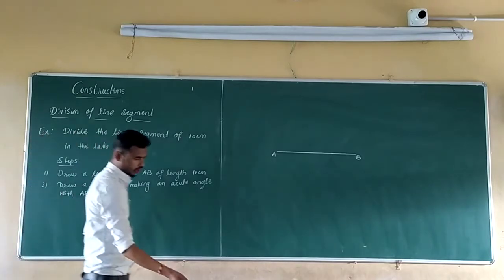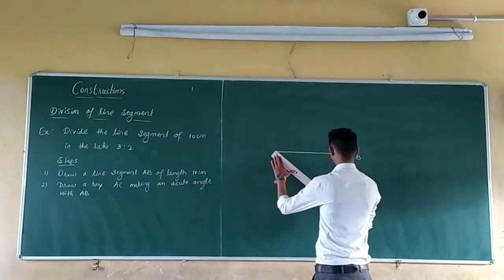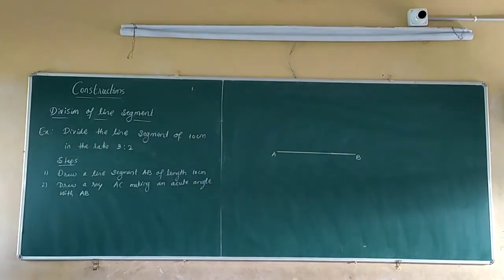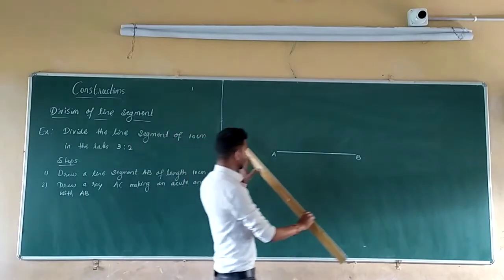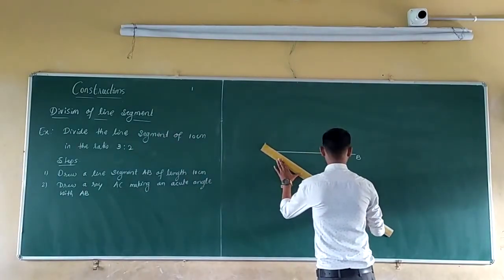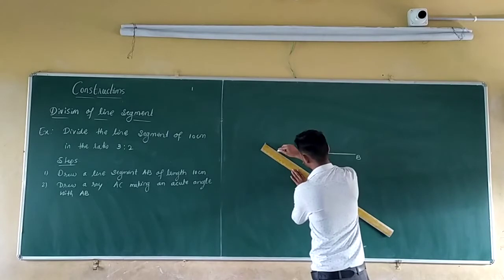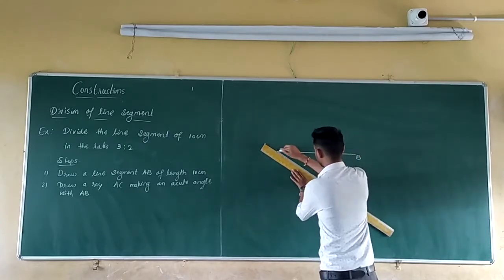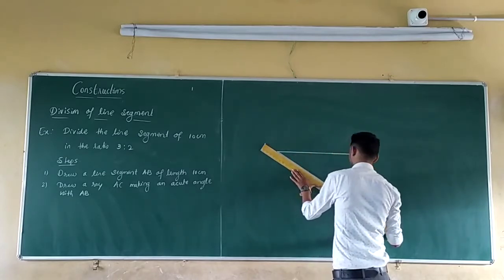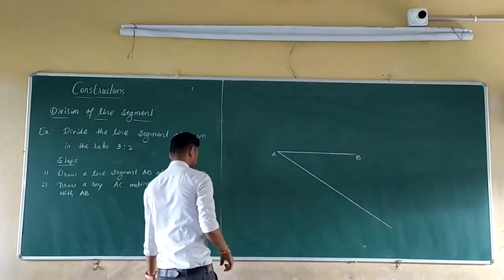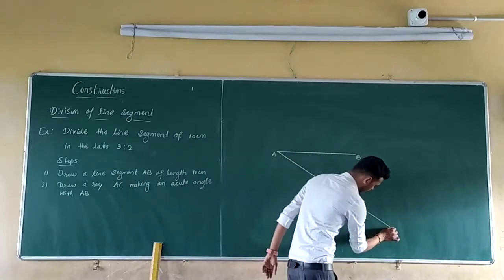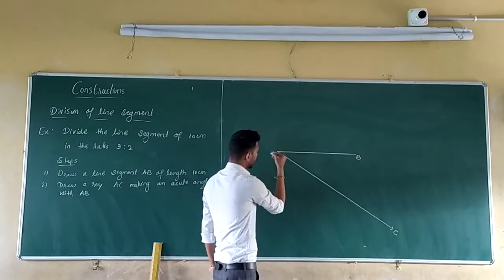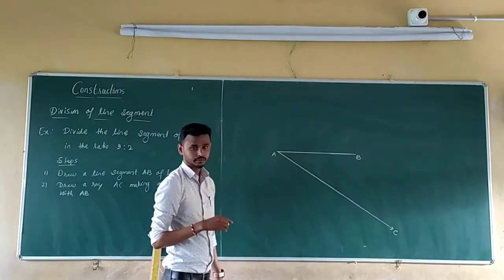Okay, now draw a ray AC making an acute angle with AB.